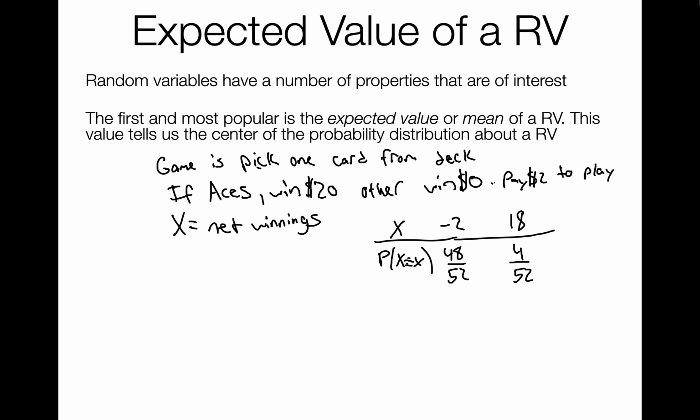Okay? And it's probably advantageous for me to know the expected winnings from one play of this game. That might seem weird, this might be helpful, this might not quite be helpful. If I find the expected winnings from one game of this, if it's positive, then I know that this is a good game to play.